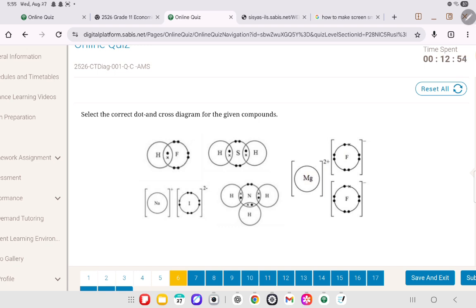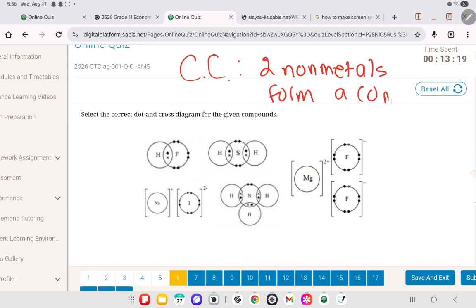Now, first of all, if you remember from last year, we have a different diagram for the covalent compounds and for the ionic compounds. Again, what are covalent compounds? Covalent compounds, I'll just call them CC. They are when 2 nonmetals form a compound. Of course, not only 2 nonmetals, 2 or more nonmetals form a compound.